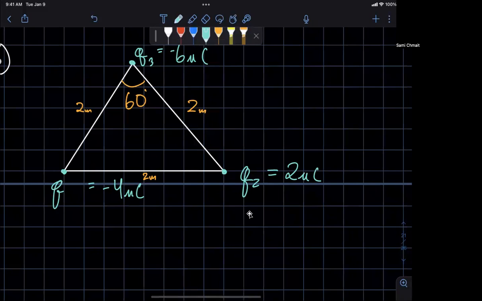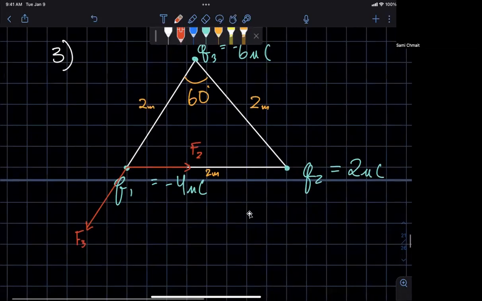It's just going to point down on the same angle there, like that. We'll call that F3. And what about Q1 and 2? Yeah, it's going to be attractive because it's a minus going towards positive. Let's call that F2. Okay, next thing all we've got to do is break this down into its components.